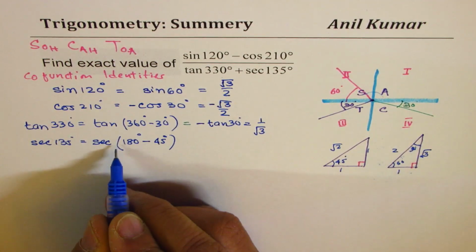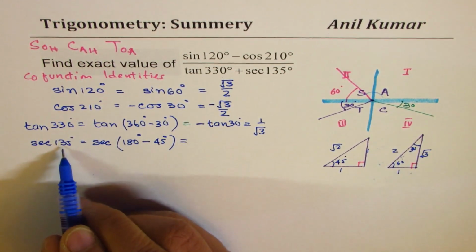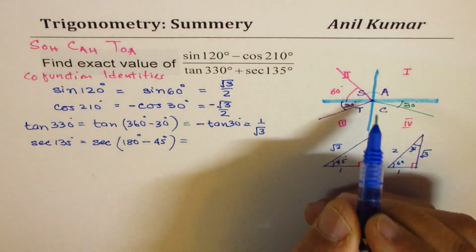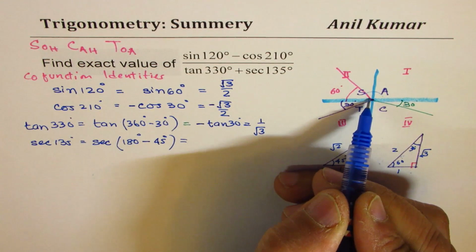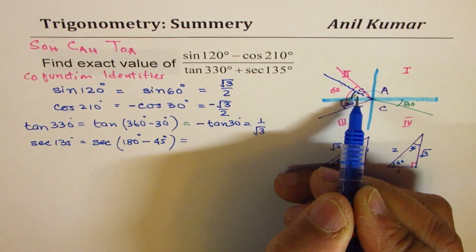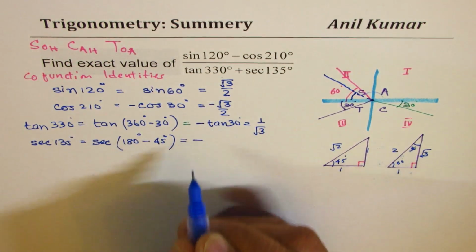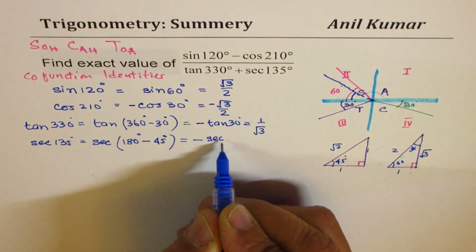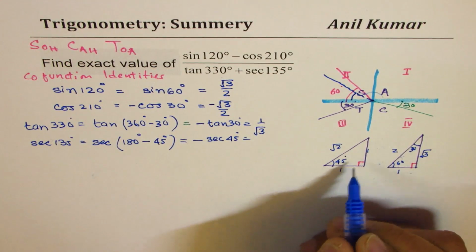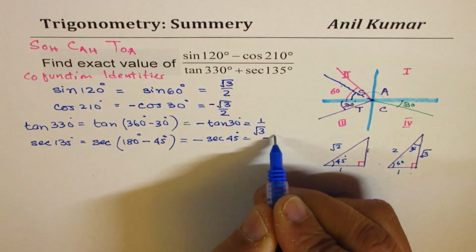If I write 180 degrees minus 45 degrees, I get 135 degrees, correct? So we are talking about a triangle which could be like this. Here, that is the acute angle, 45 degrees. Secant is reciprocal of cos, so it is negative. So I could write this as negative secant 45 degrees. So you're looking into the 45 degrees triangle, 1 over square root 2, when flipped, gives you minus square root 2.